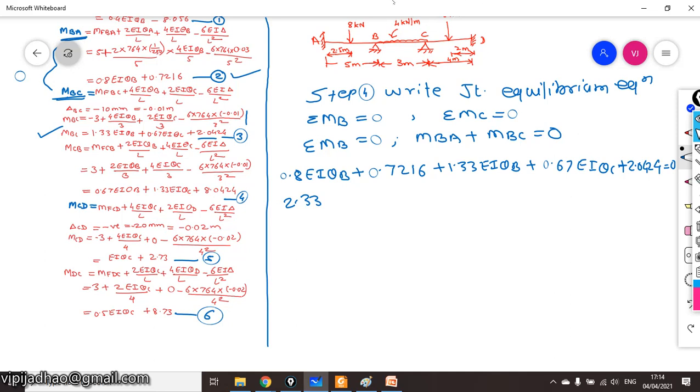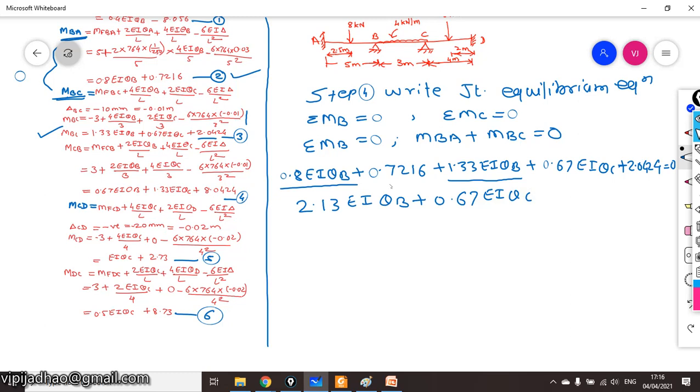This will be 0.8 EI theta B plus 1.33 EI theta B. So this will be equal to 2.13 EI theta B plus 0.67 EI theta C.